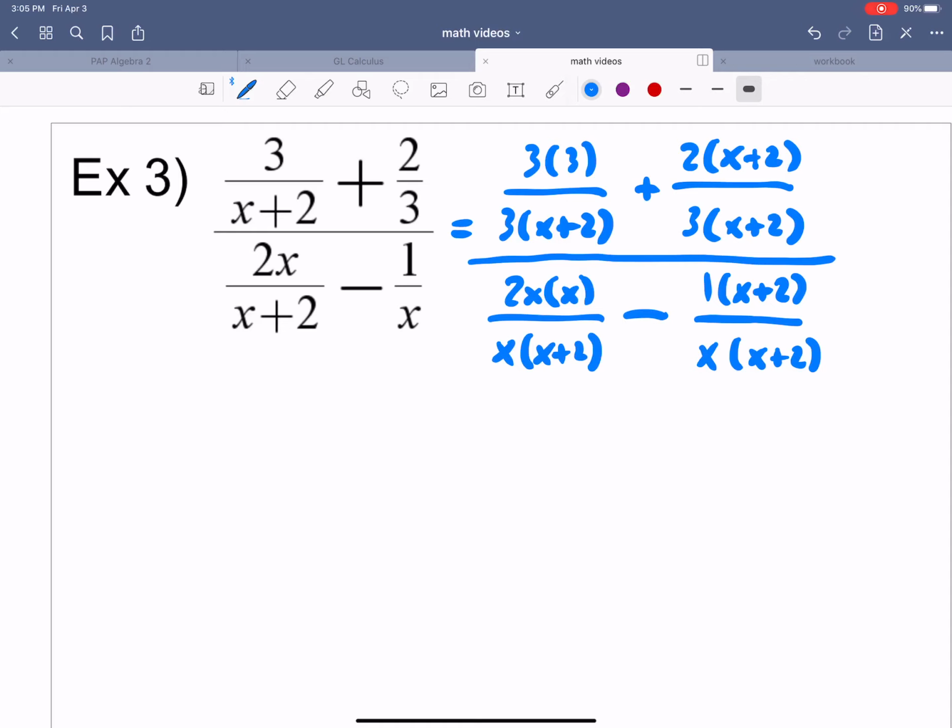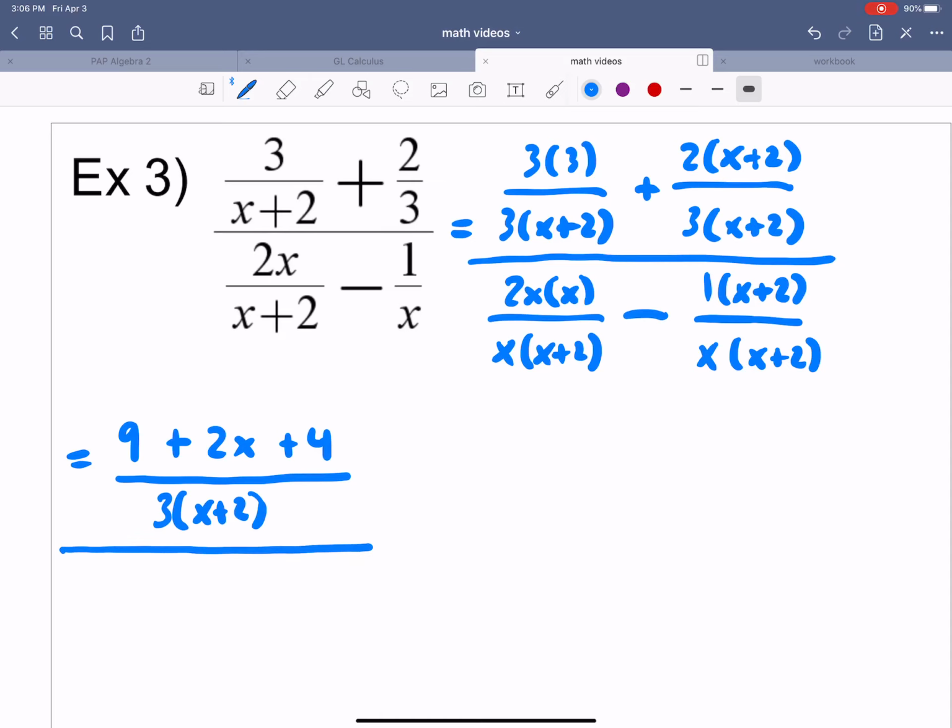Okay. Now let's go ahead and clean this up a little bit. So we've got 3 times 3 is 9, plus 2 times x is 2x. 2 times 2 is 4. So that's going to be the numerator on the top. And that denominator is 3 times x plus 2.